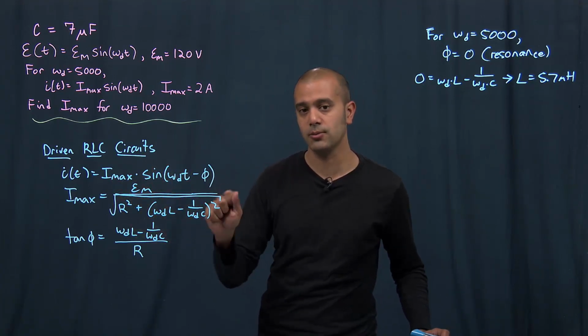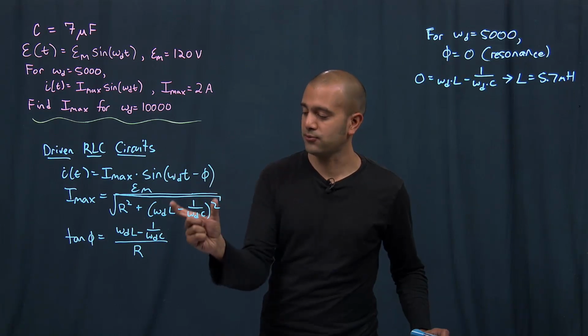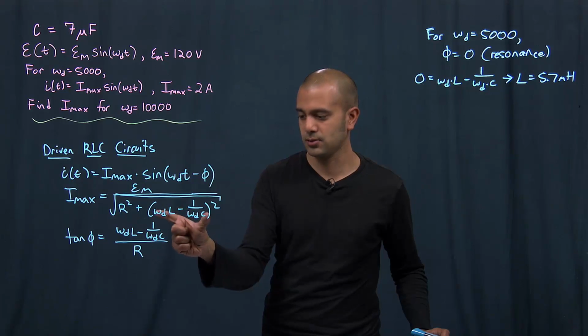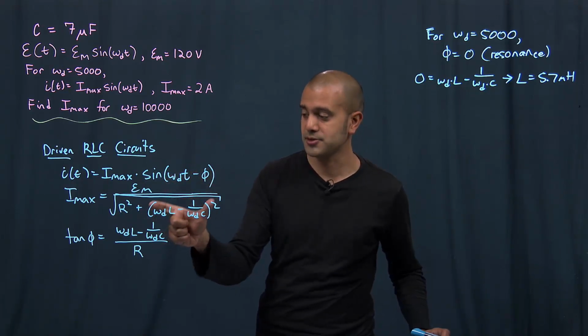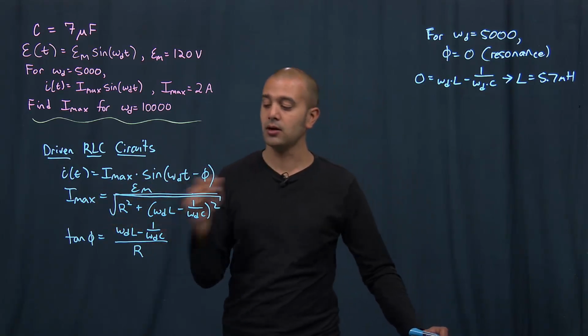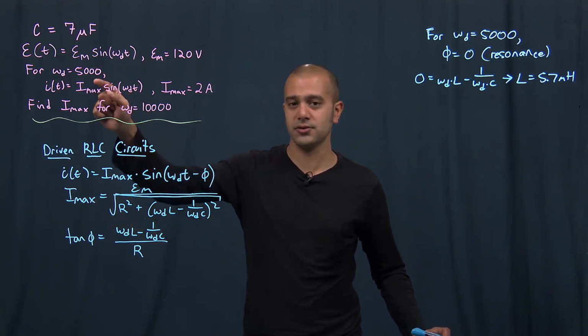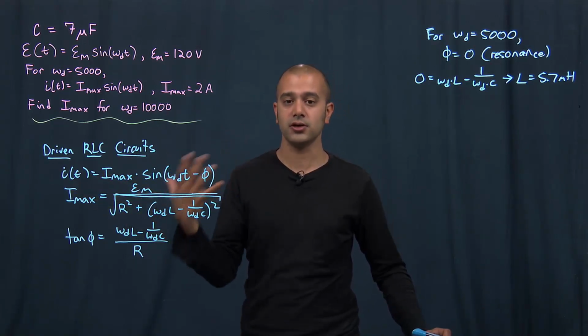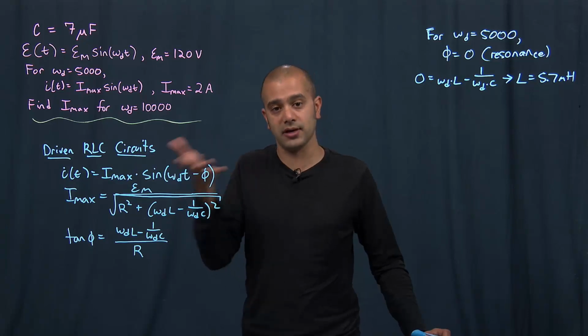However, we can choose the omega d. And if we choose it such that this quantity is 0, the denominator is as small as possible because this can only be as small as 0. And if the denominator is as small as possible, I max is as large as possible. So in particular, for this particular frequency of 5,000 radians per second, I max is as large as possible. In other words, we've driven this circuit to get the biggest current possible with that frequency.